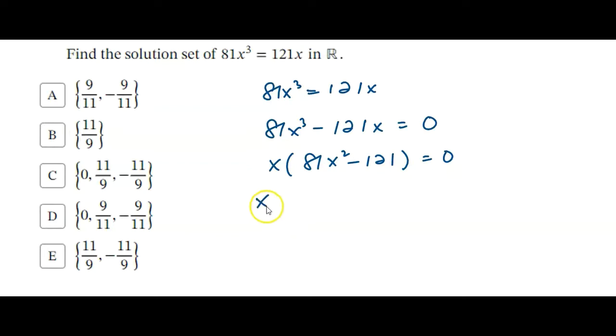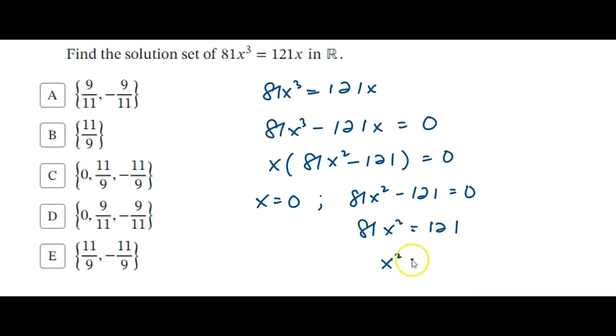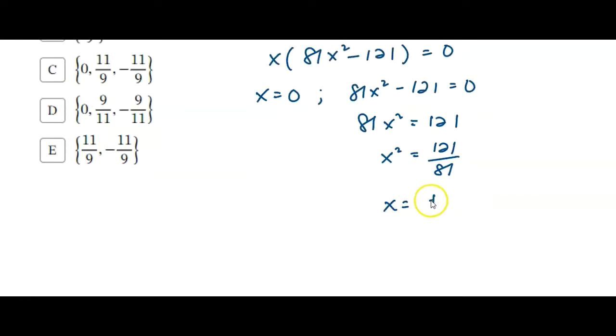Okay, then one of my solutions is x equals to 0. For another solution, I will make 81x squared minus 121 equals to 0. So 81x squared equals to 121, x squared equals to 121 over 81. Then my x is positive negative square root of 121 over 81. That will be positive negative 11 over 9.